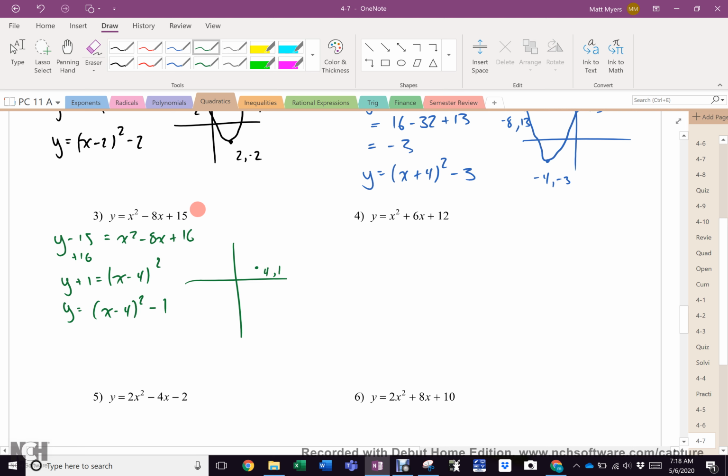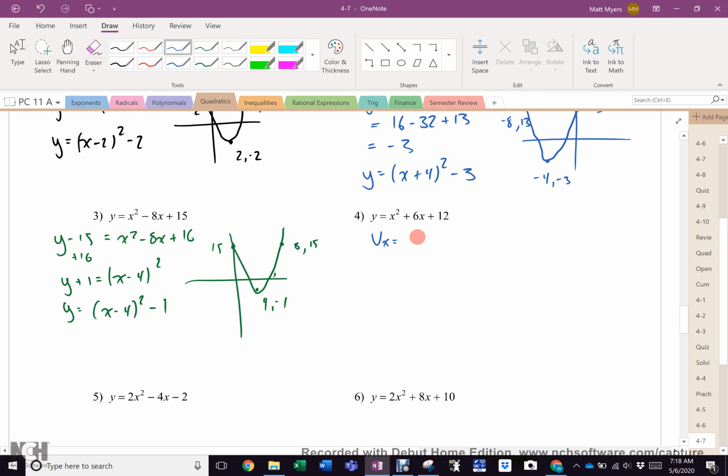And then my y-intercept is 15. So I go over 4 and up 16 to 15, and over 4 and up 16 to 8, 15. And there's my graph.